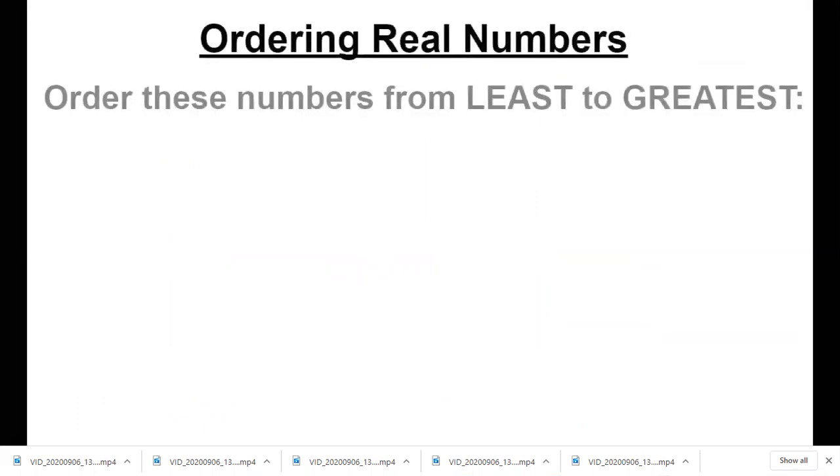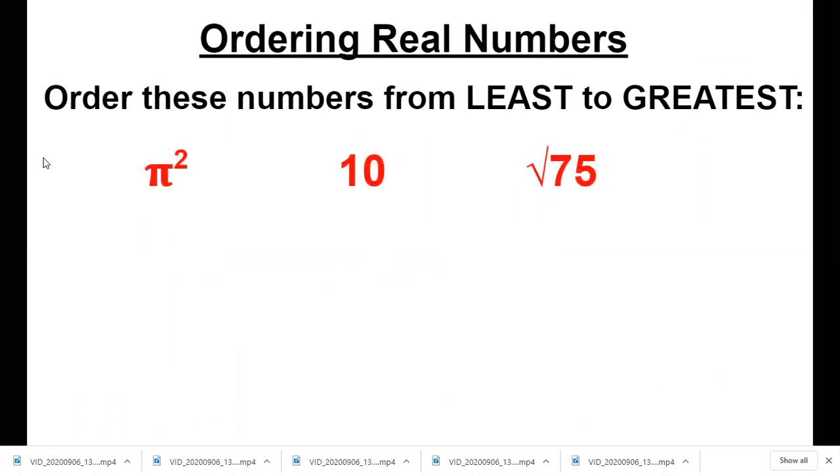Okay, ordering real numbers. Let's try some more. Order these numbers from least to greatest. Again, it's saying least to greatest, but be careful. It could easily say on a test, greatest to least. Okay, here are our numbers: pi squared, 10, and square root of 75.